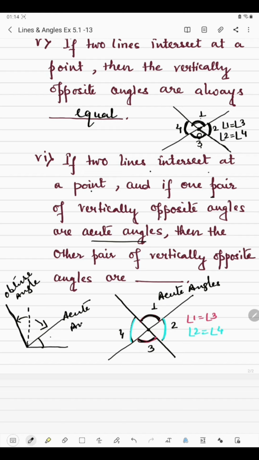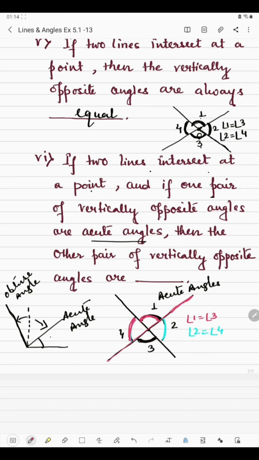Okay. Now if angle 1 and angle 3 are acute angles, then the other pair of vertically opposite angles are obtuse. Now why obtuse? If you consider this is a straight line and here angle 1 is an acute angle, then another angle will be an obtuse angle.